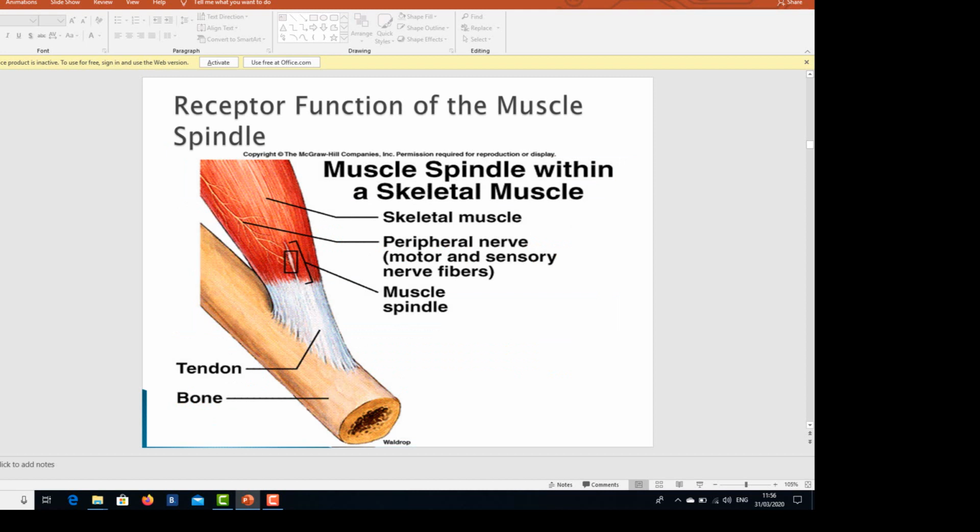Now look at this diagram. You can see the receptor function of the muscle spindle.